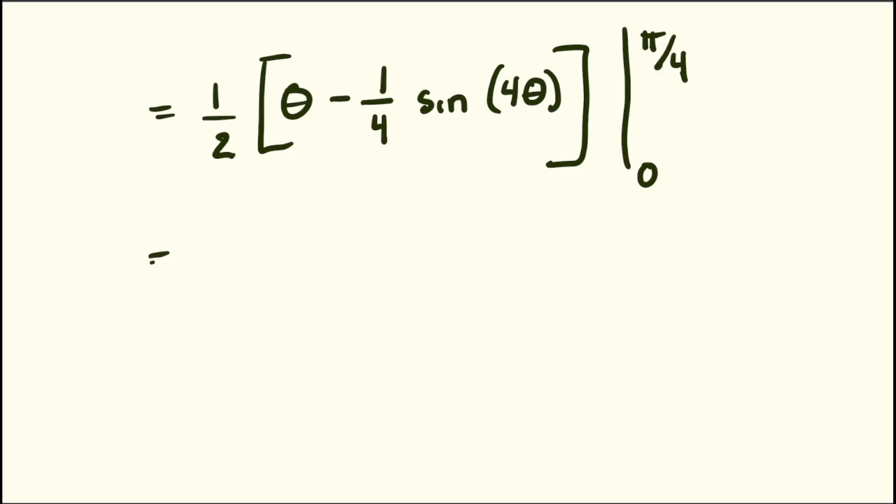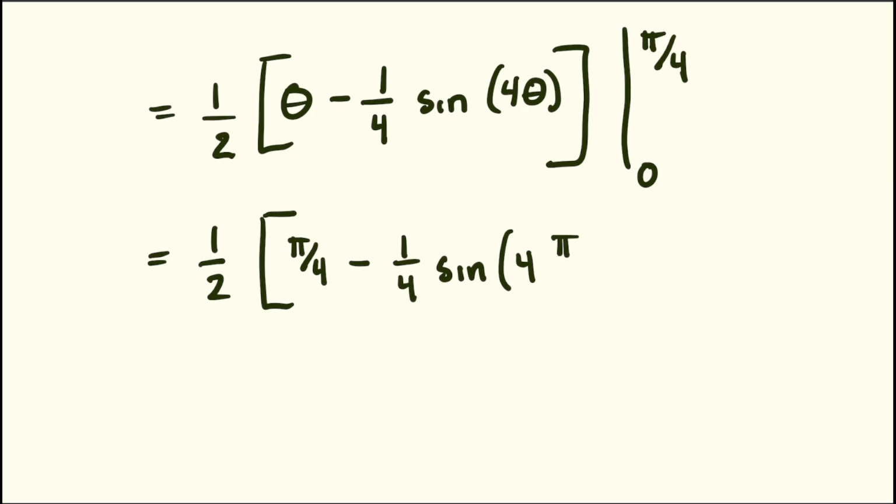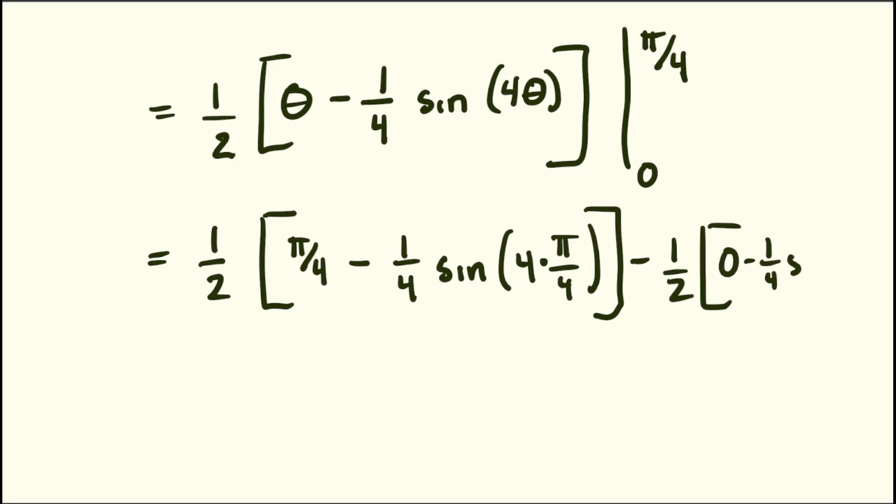All right, so this gives us 1/2, and now we punch in our pi over 4 minus 1/4 sine of 4 times pi over 4. And then we subtract 0. When we put 0 in everything, we are going to get 0. So 0 minus 1/4 sine of 0, and all of this is equal to 0.